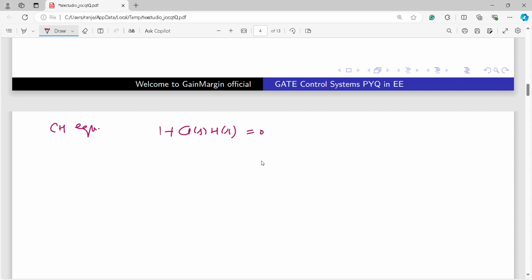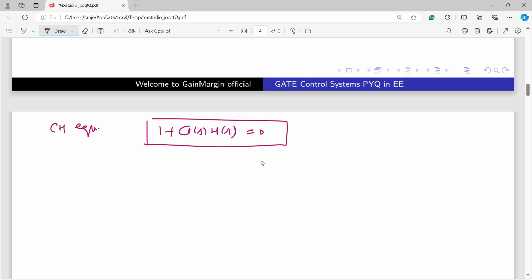With the Routh-Hurwitz table, without solving for the roots of the polynomial, we can tell how many poles lie in the right of the S-plane, on the imaginary axis, and in the left of the S-plane. That is the significance of the Routh-Hurwitz criterion.